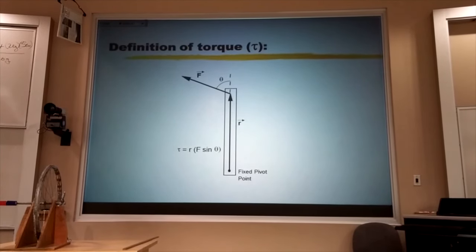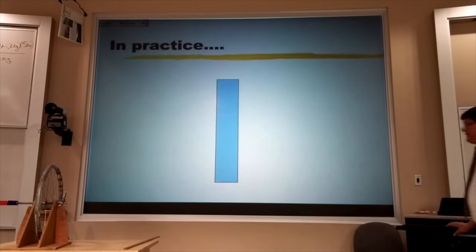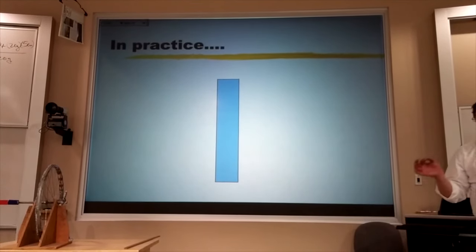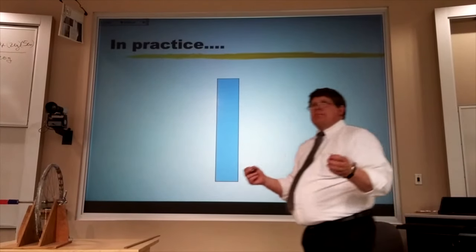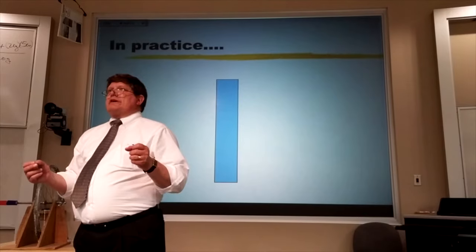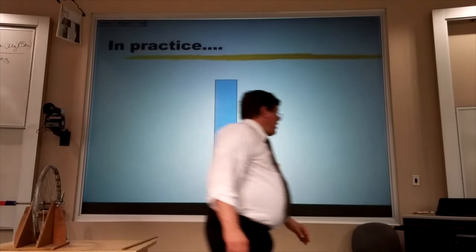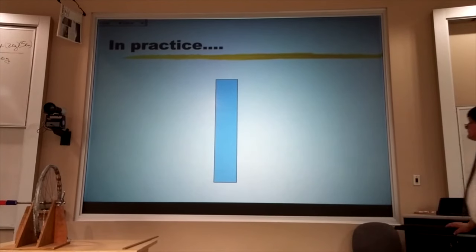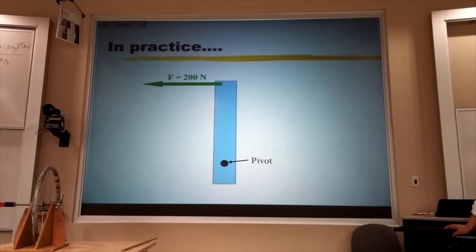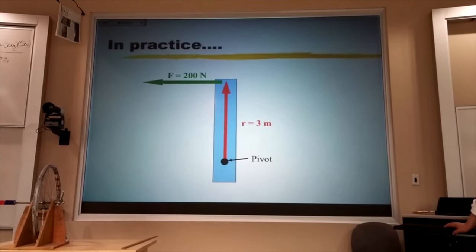Now, in practice, in 90% of the homework problems, 90% of the exam problems, what you will have is a case where the force and the position vector are already perpendicular. If that's the pivot and that's the force, that's the position vector.